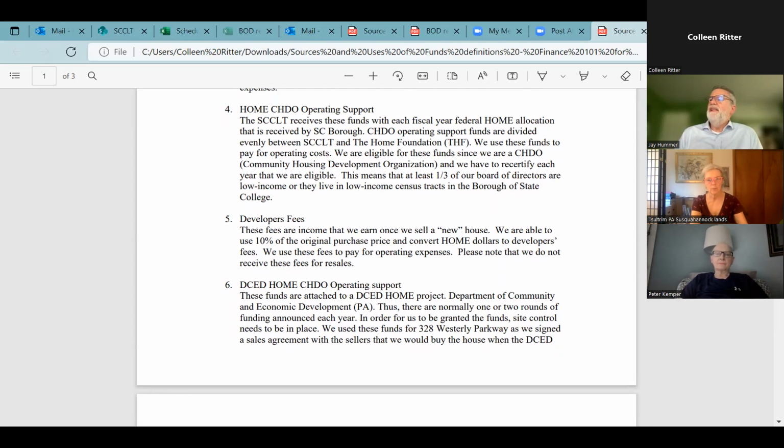It also says in here that's kind of why we need to have representation on our board from the area that we serve and the people that we serve. That's a requirement, right, Colleen? That's right, yeah. Being deserving of that money.